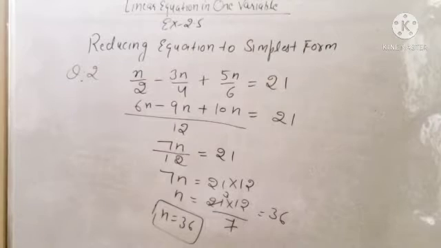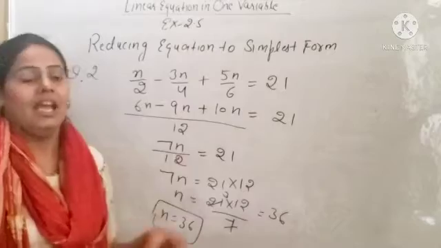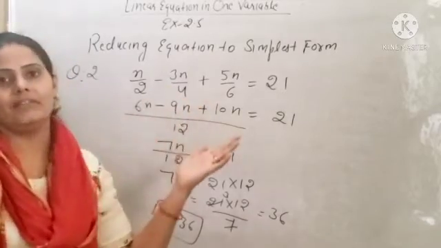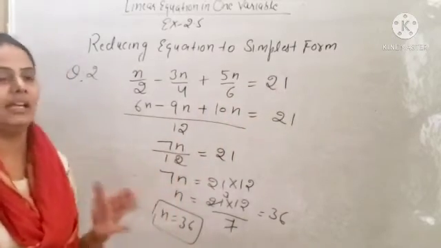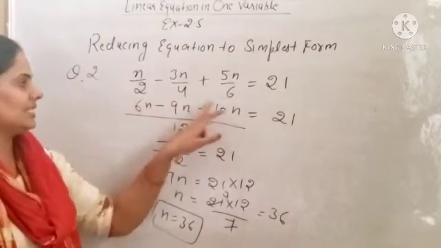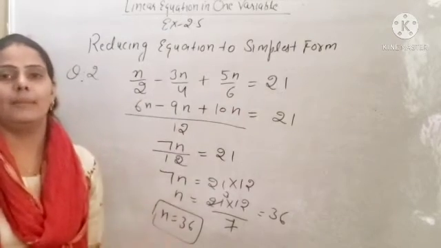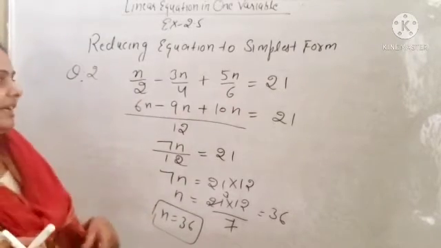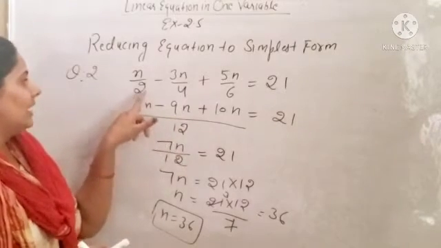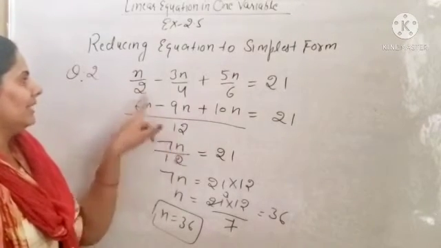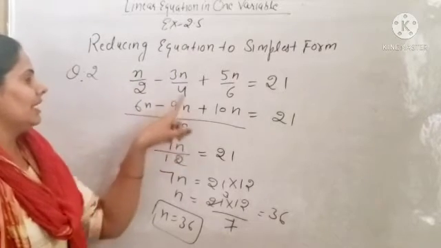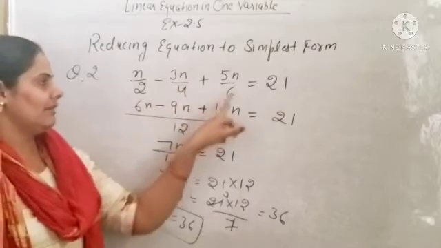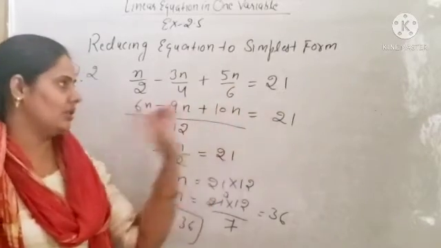So how will you solve the second question? Simply you can see the variable n is given, and all the variable terms are already on one side in the question and constant values on the other side. So simply you will take the LCM and find the value of the variable. So 2, 4, 6, what will be the LCM? It will be 12. You can apply the factor method, the division method, the factorization method to find the LCM. And you multiply 12 divided by 2 is 6, 6 into n, and 12 divided by 4 is 3, 3 into 3 is 9, 12 divided by 6 is 2, 2 into 5, 10n is equal to 21.